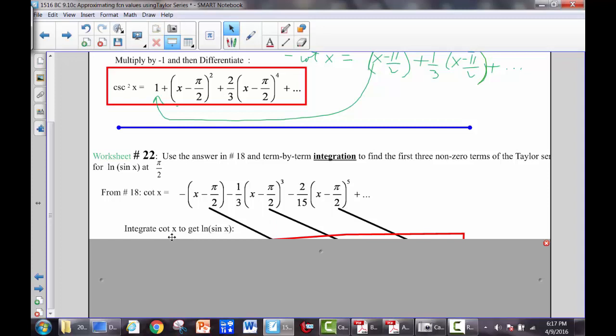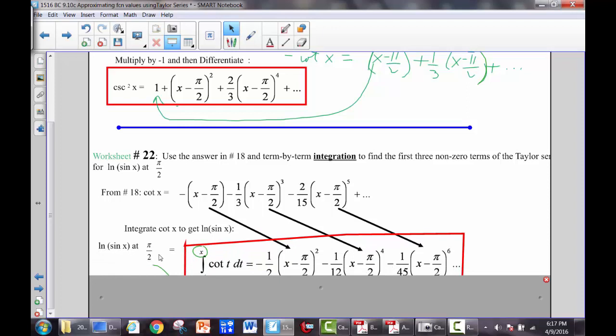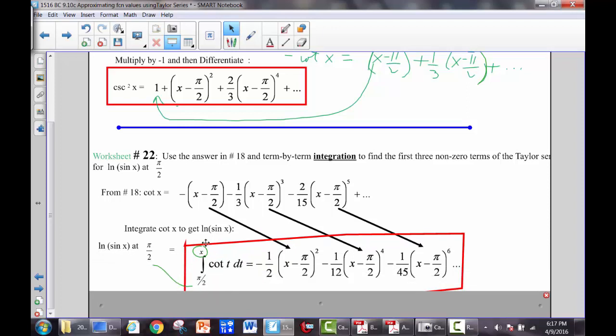So we're going to integrate cotan x, and the integral of cotan x is ln absolute value sine x. So that's what happens. When we integrate this, we're going to have negative x minus pi over 2 to the 2 over 2 minus 1/3 x minus pi over 2 to the 4th over 4. So that's where the 1/12 comes from.